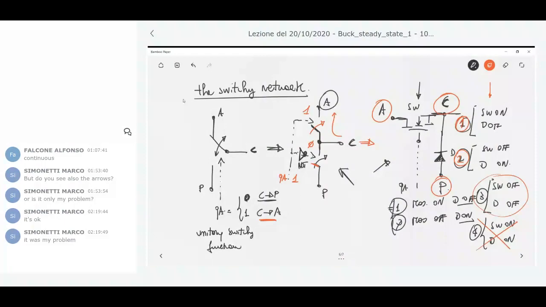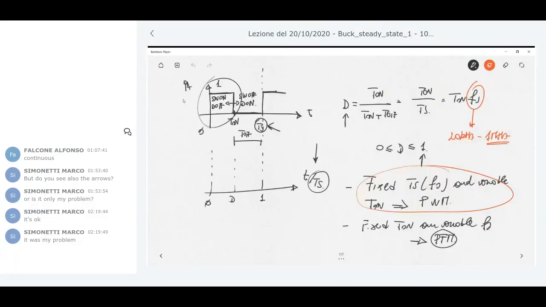This is the reason why I stressed this node here and this switching, because it's something that we can find in all the other topologies. And this is the reason why it's very useful for small signal modeling, because it's something that you can have in most converters.